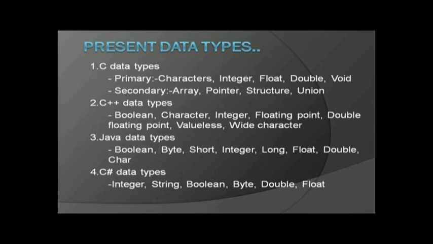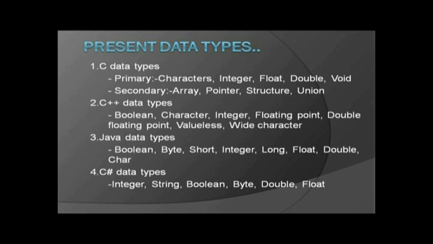Java data types. There are two data types available in Java: primitive data types and object data types. Java data types are Boolean, byte, short, integer, long, float, double, and char. C# data types. C# is a strongly typed language, therefore every variable and object must have a declared type.